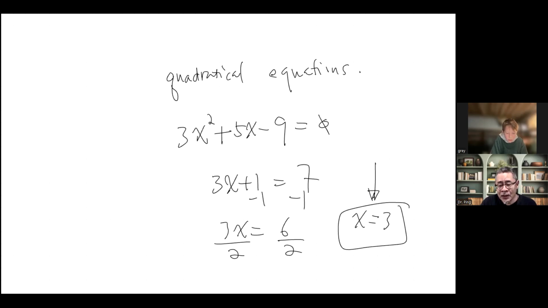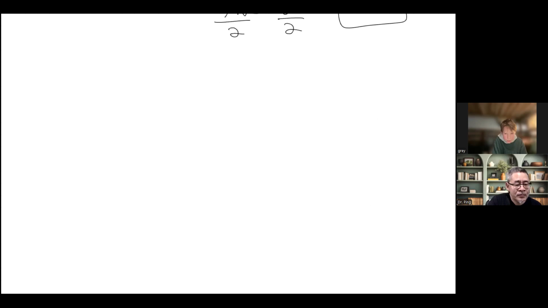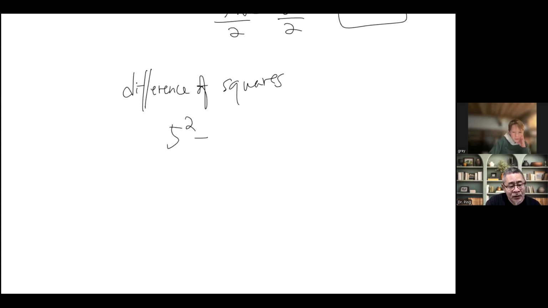One thing we are going to learn is something called difference of squares. So for example, 5 squared minus 3 squared.